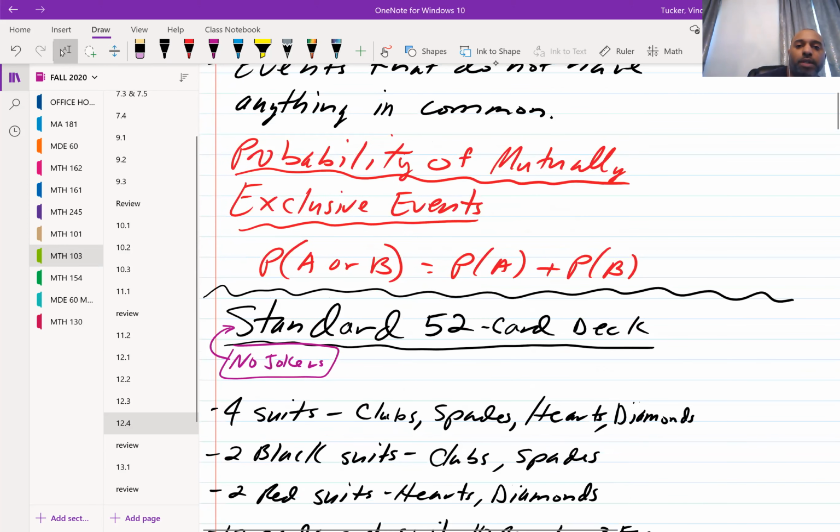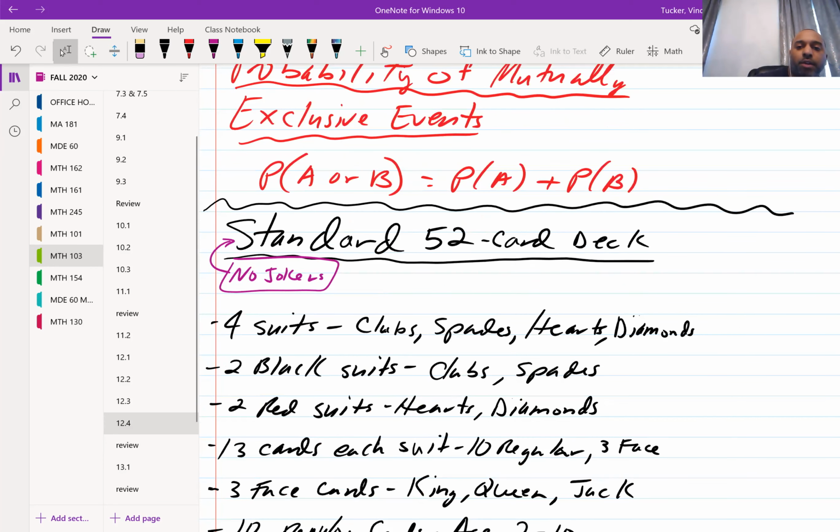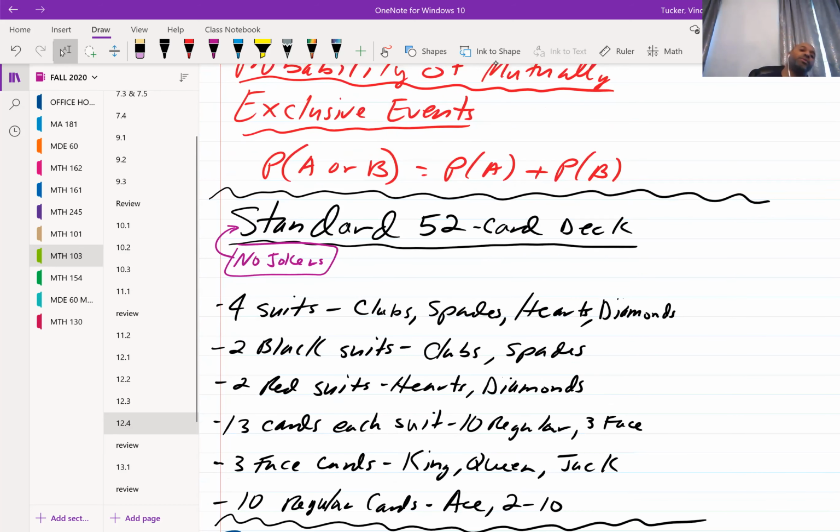All right, so before we get into doing that, we're going to look at a standard 52 card deck. Have to establish house rules. The standard 52 card deck means no jokers. We got 4 suits: clubs, spades, hearts, and diamonds. Just want to make sure everybody's on the same page, just in case you don't mess with cards like that.